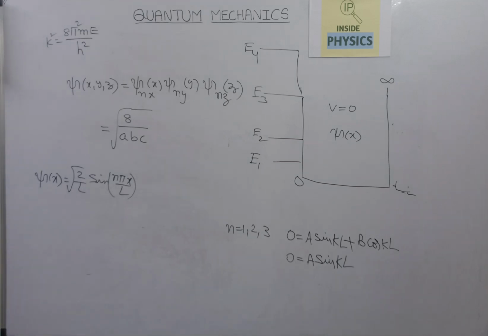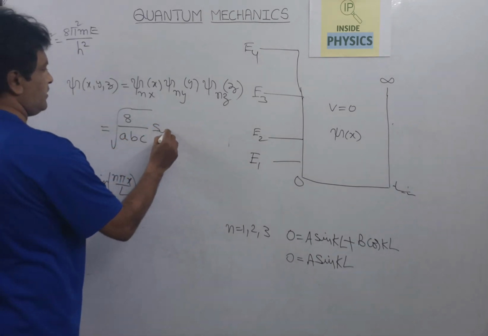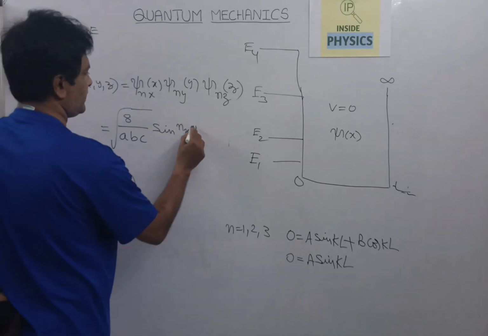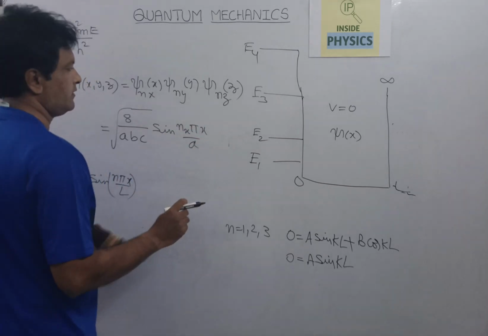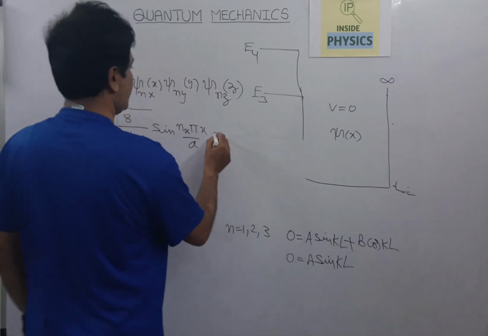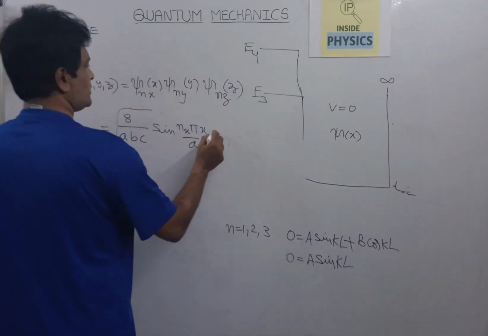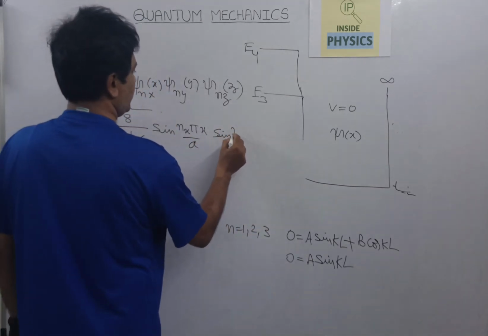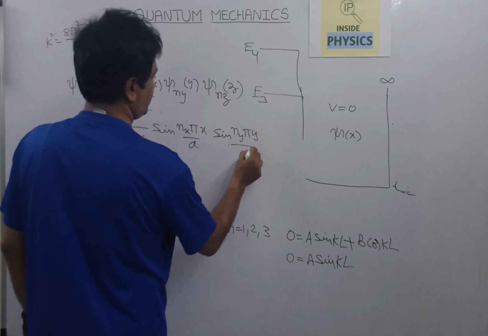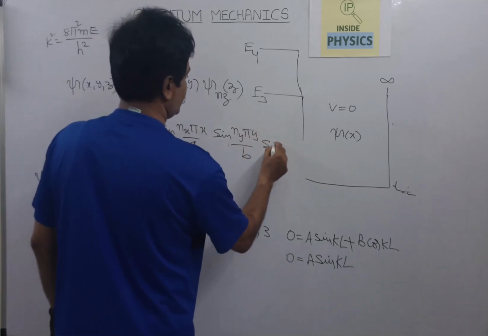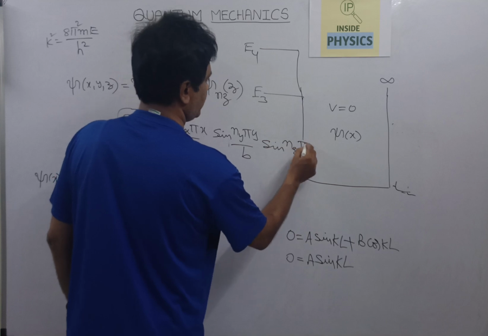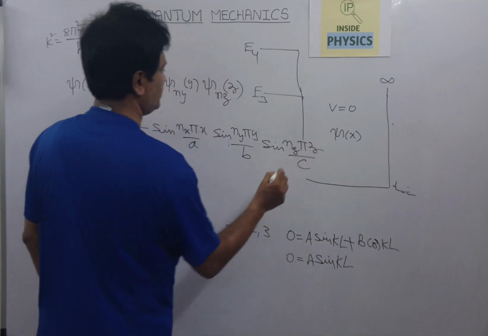So for three-dimensional space, we can write this equation as root of 8 by abc, sine of nx pi x by a, into sine of ny pi y by b, and sine of nz pi z by c.